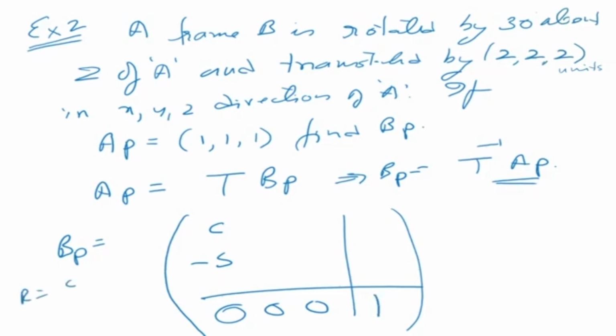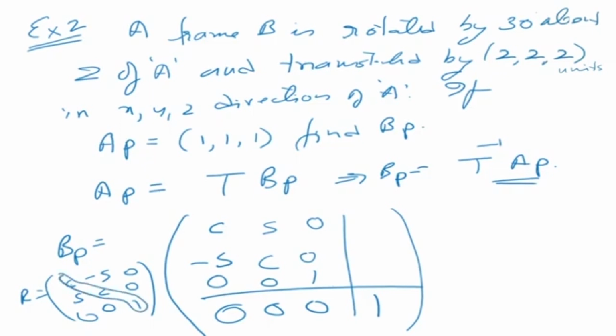The rotation matrix is cos, minus sine, sine, cos, 0, 0, 1, 0, 0. If I take the transpose of that, cos stays, the minus sine comes here, the sine comes here, and this is 0, 0, 1, 0, 0. So the diagonal remains the same, and only the minus sign changes position.